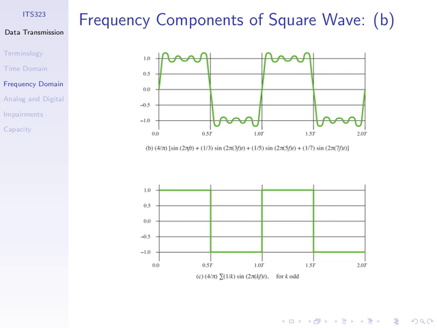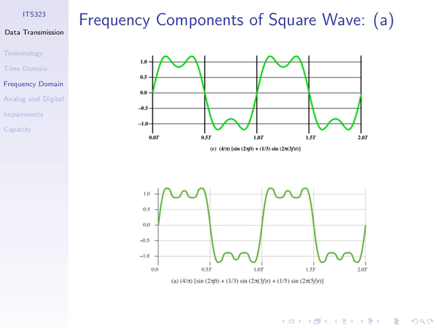We've approximated in the first case using 2 sine components, and in the second case using 3 sine components. In the first case we get the top one. In the second case we get a signal which is a little bit closer to our ideal case, and therefore less chance of errors occurring if we have noise introduced in the system. We'll see another example of that shortly. It's hard to visualize.